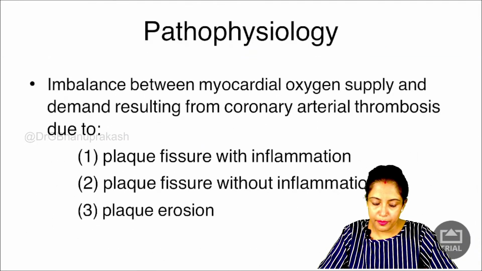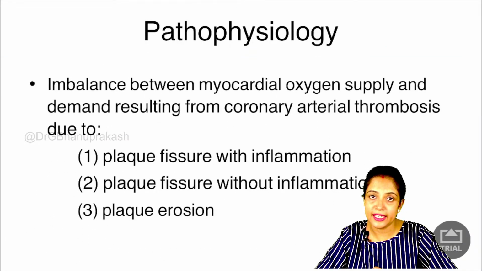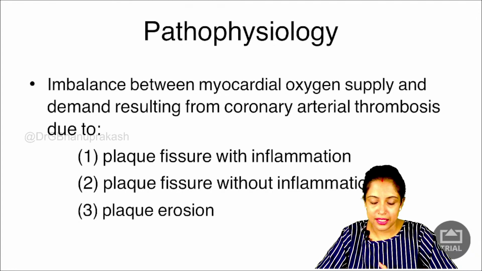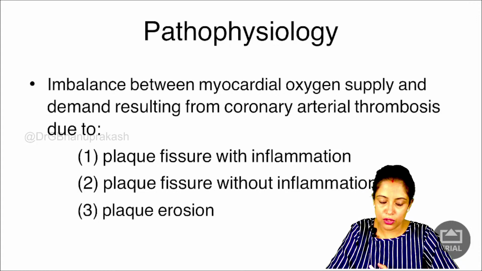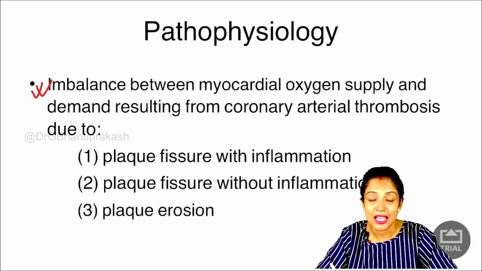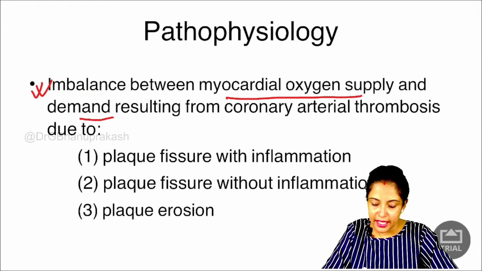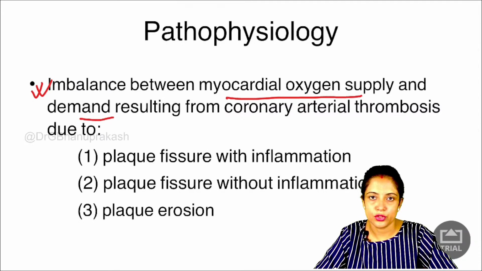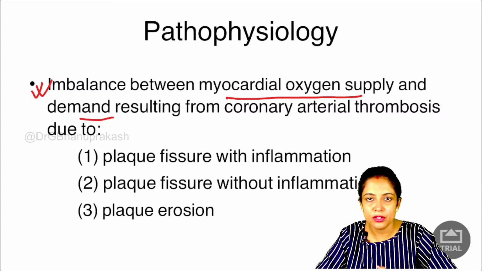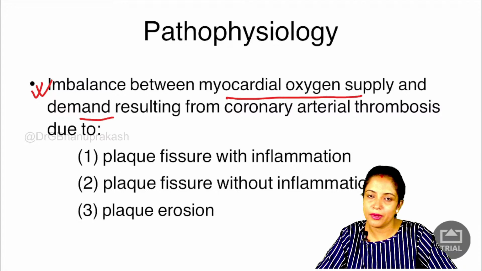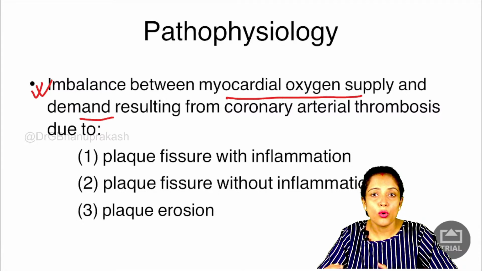If we talk about the pathophysiology of NSTE-ACS, that is NSTEMI as well as unstable angina, the main pathophysiology is the imbalance between myocardial oxygen supply and demand that results from coronary arterial thrombosis. In other words, when there is coronary artery thrombosis, the blood supply to the myocardium is reduced, so when the demand increases, the oxygen supply will not be sufficient.